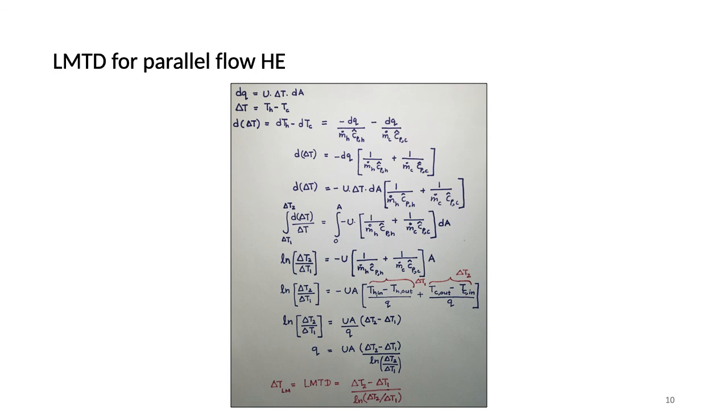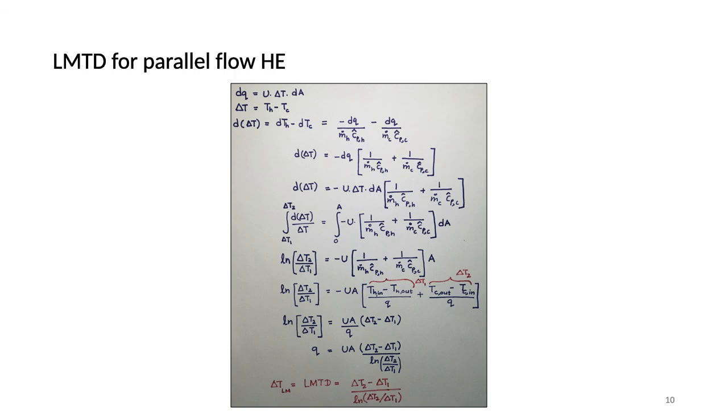So heat transfer across the surface area dA can be written as U delta T times dA. Here delta T is the mean temperature difference between hot and cold fluids, and delta T is equal to Th minus Tc.